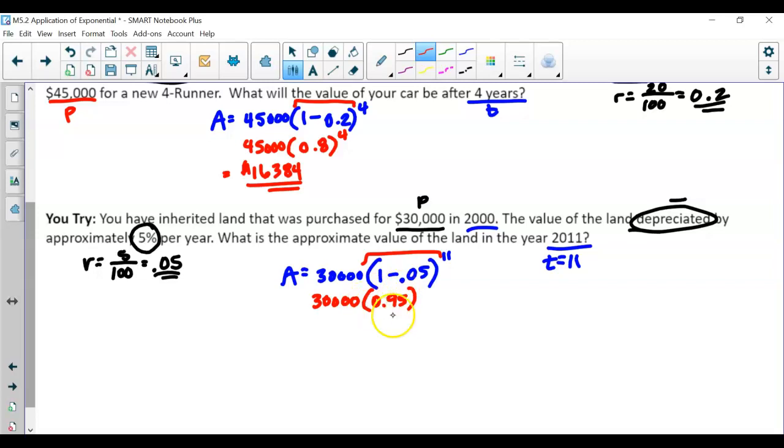So this is what shows that 5% decrease to the 11th power, which gives you that the amount of land here, it's money, so you have the decimal, is approximately $17,064. Now, due to the decimal here, it actually ends up just rounding to this whole value here.